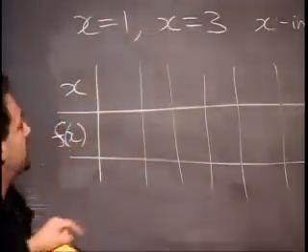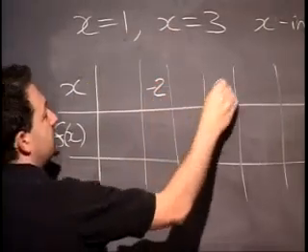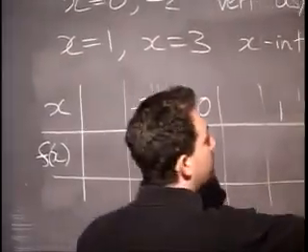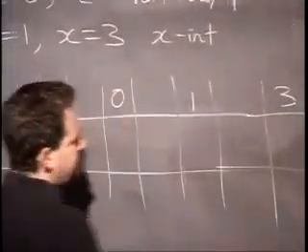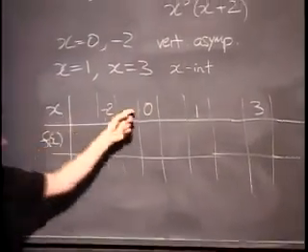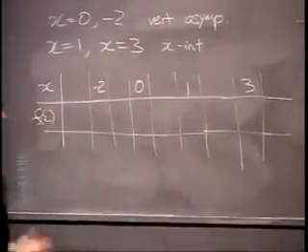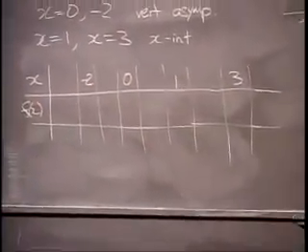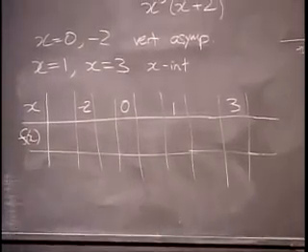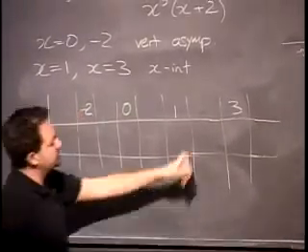The smallest is minus 2, and then 0, and then 1, and 3. And notice how I have left gaps around each one. I'm going to pick a representative point in between each of these numbers, and also to the left of minus 2 and the right of 3.